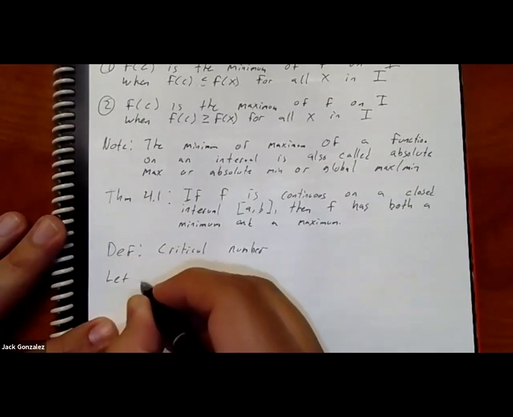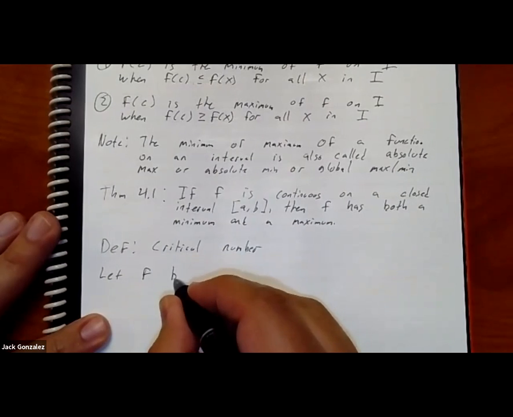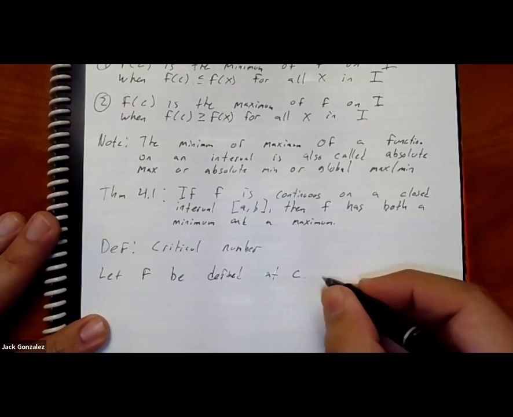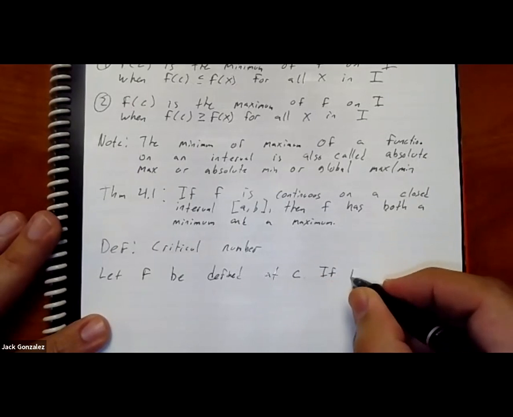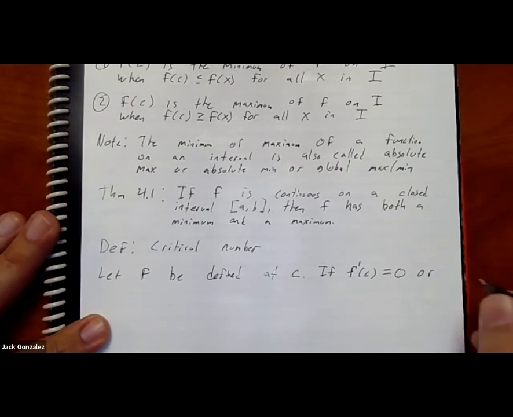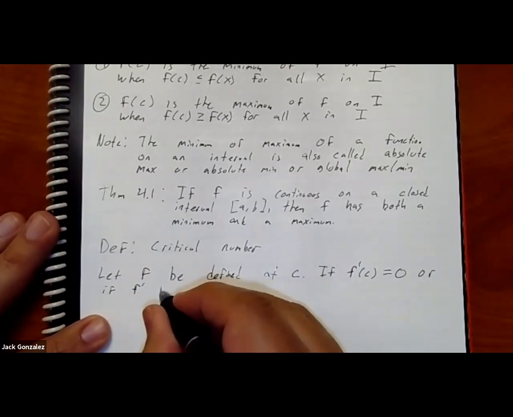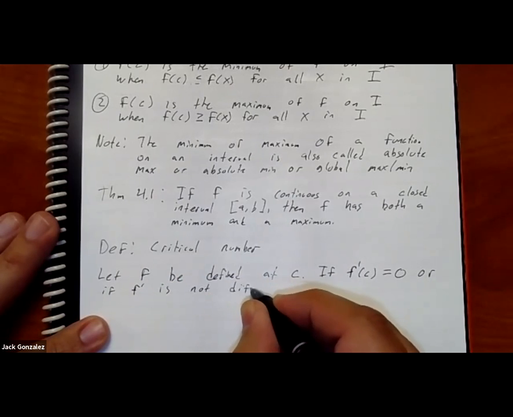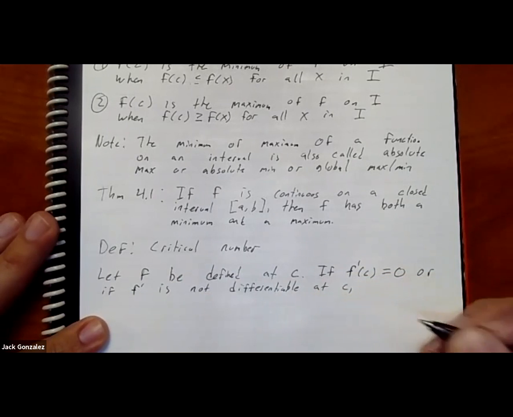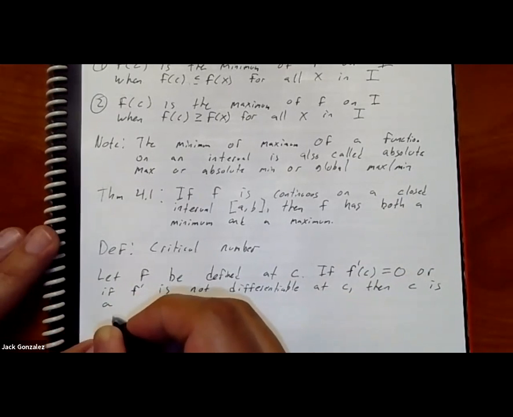So let f be defined at C. If f prime at C is equal to 0, or if f is not differentiable at C, then C is a critical number.